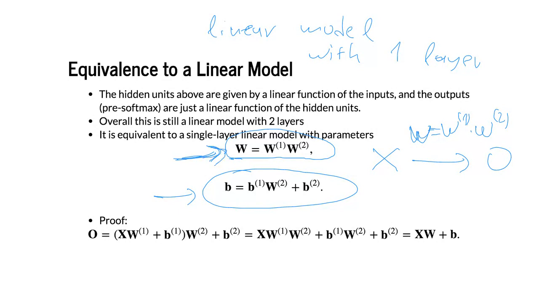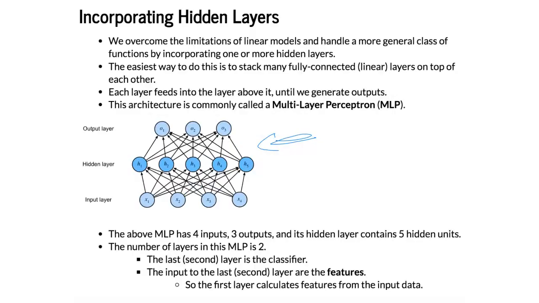I can define a standard linear model with these weights, where the weights are the multiplication of W1 and W2. That can produce exactly the same outcome. So in the end, this model reduces to a linear model.